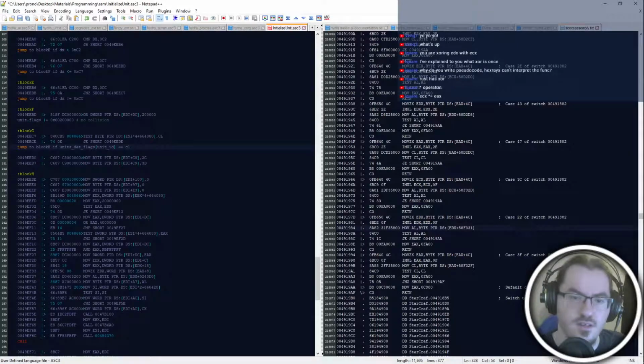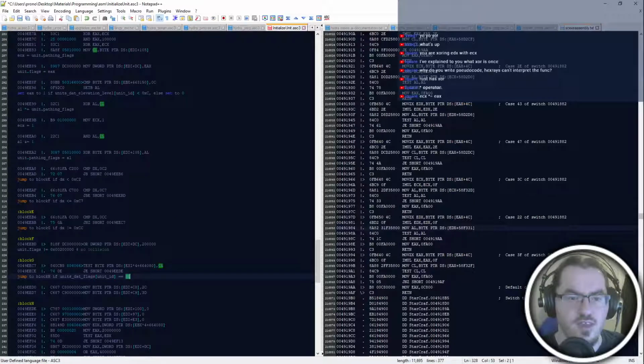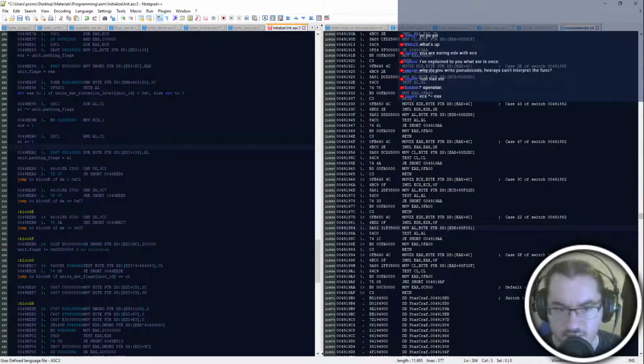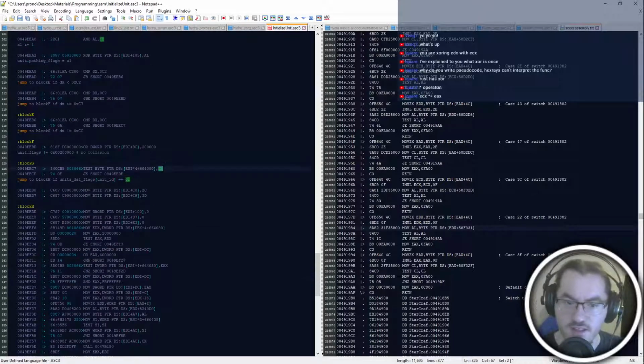Is that even right? The reason why I'm thinking CL is because ECX is overwritten with a value of 1. And then ECX is never touched. So that makes me think that this is just compiler optimization writing a register in instead of a number. Which is probably what's happening. So this value really is 1.